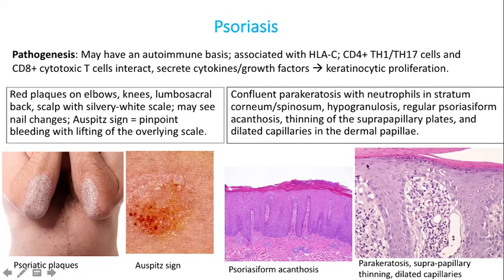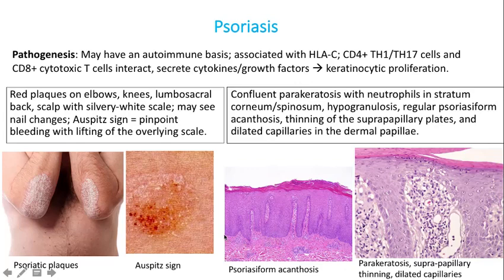Next, the granular layer is pretty much gone in psoriasis. You can get little collections of neutrophils either in the stratum spinosum or in the stratum corneum. And you get thickening of the stratum spinosum, which is very characteristic of this disease, so characteristic that we call this psoriasiform acanthosis.